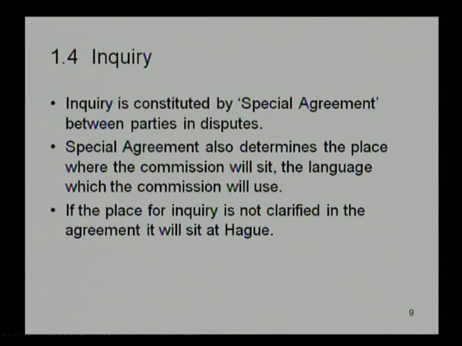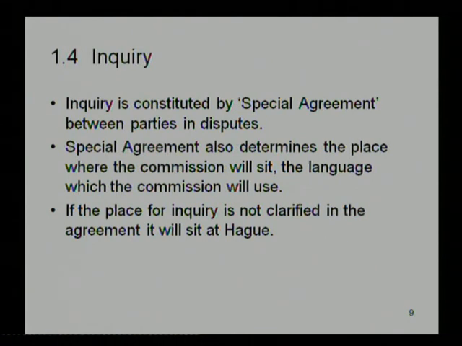If two states agree to use a non-English language, they must cite this language in that special agreement. So friends, inquiry also includes the interference of a third party. But for this kind of help, they must have either a treaty before the dispute arises, or after the dispute arises, they must enter into the special agreement.